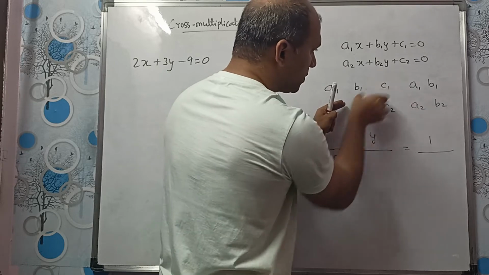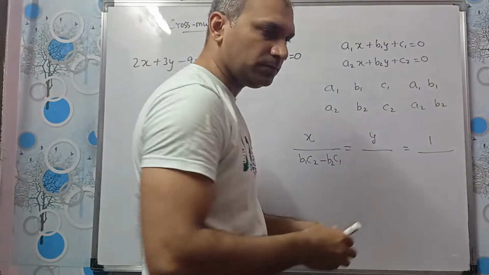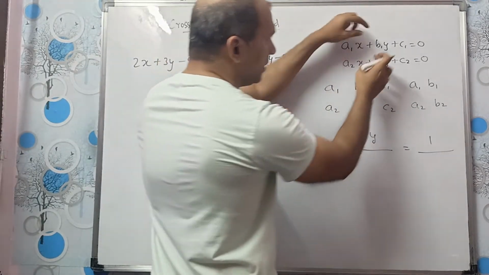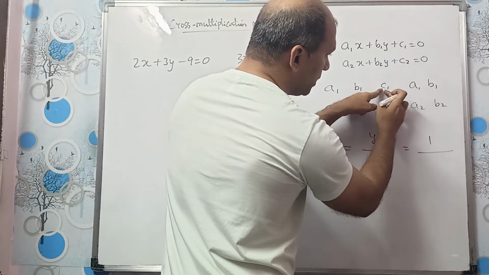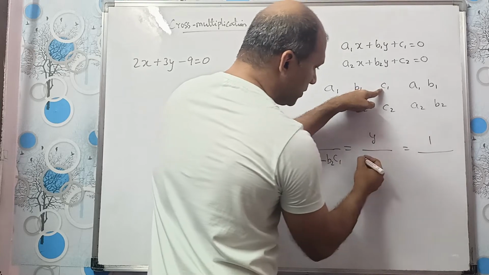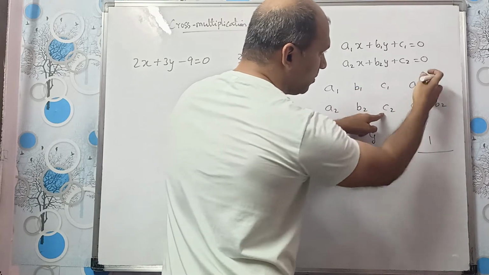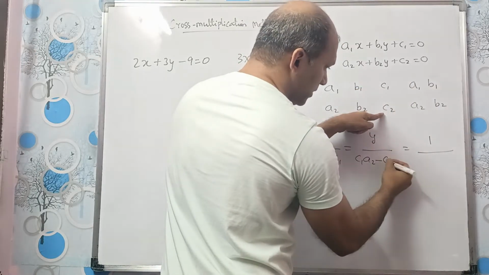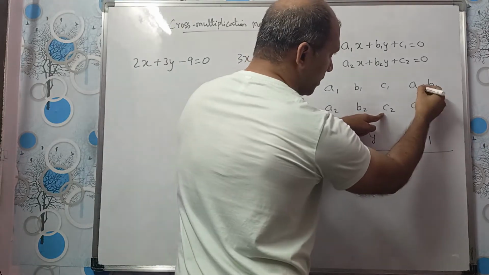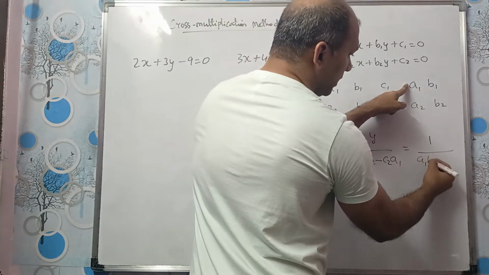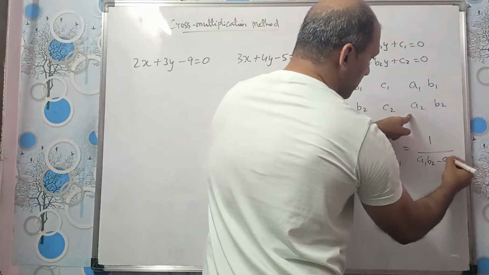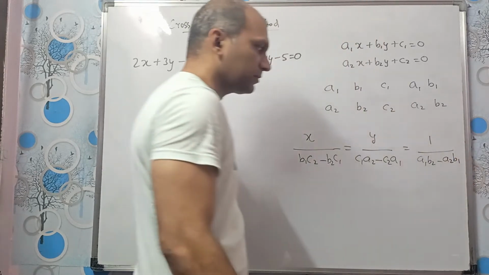If we multiply these two terms, we write minus. Okay. Now y. We should not take y now. The other ones. See, this two and this two. So we are multiplying like this. It should be plus c1 a2. We are multiplying like this. It should be minus c2 a1. Okay. Finally, this two. a1 b2 minus a2 b1.